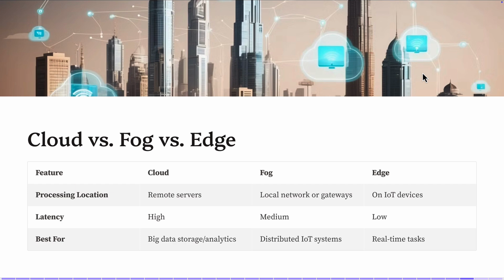And we use the cloud for big data storage and analytics because it's the location where we can collect a huge amount of data. You cannot do data analytics on a Raspberry Pi. Okay, you need to have a huge server to process massive amount of data. So the fog is for distributed IoT systems to make load balancing of the IoT traffic among different servers.